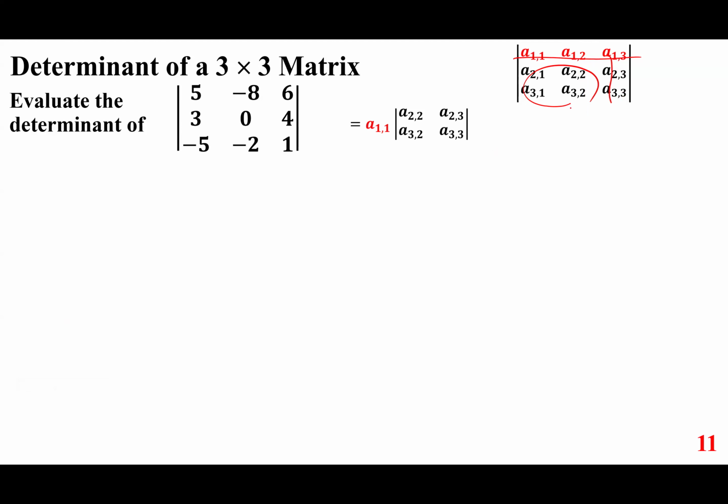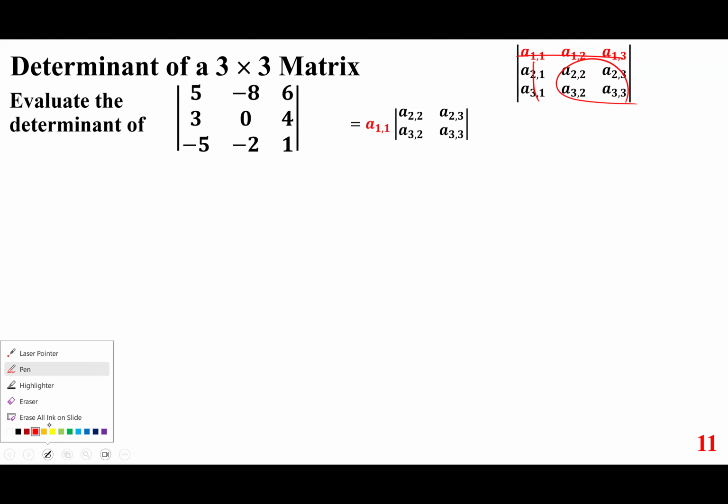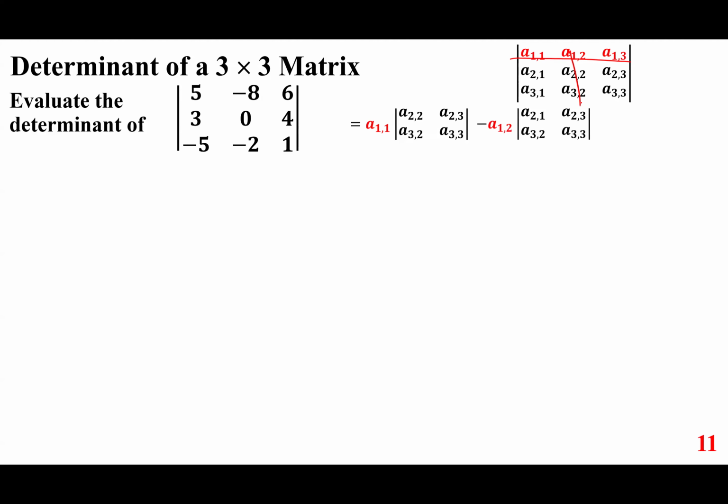First A sub 1, 1 times this one. Now erase it. And this goes away. So A sub 1, 2, but they alternate the sign, minus A sub 1, 2 times the determinant of that one, plus A sub 1, 3 times the determinant of this one. That's how we arrive at it.